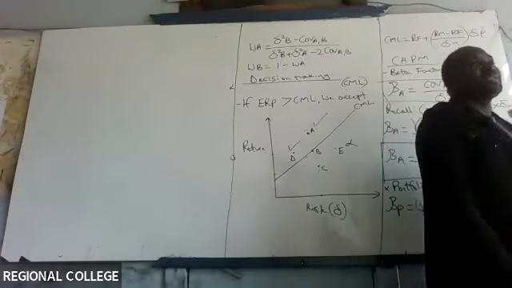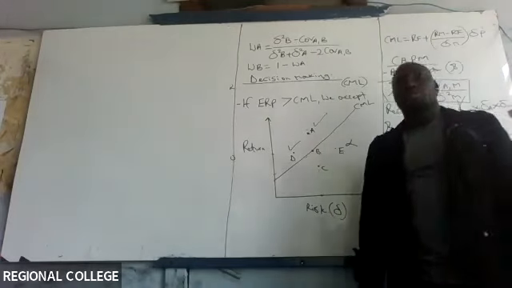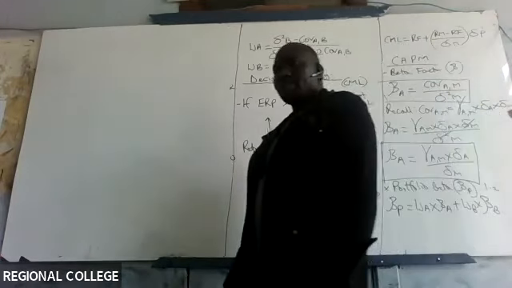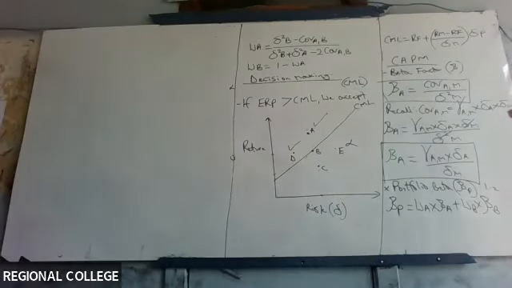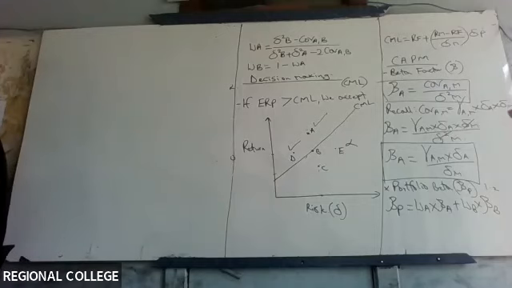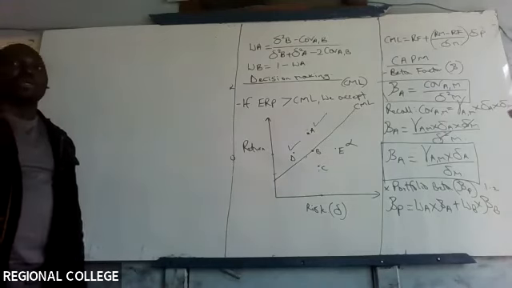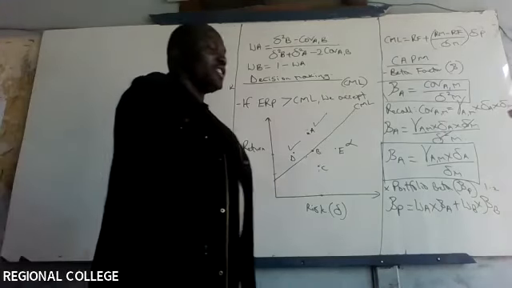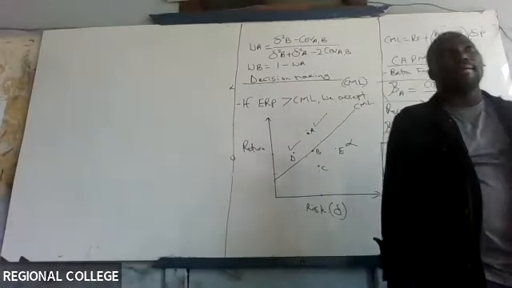If expected returns are greater than SML, we accept, since it is superior, super efficient, or undervalued. It's not CML.